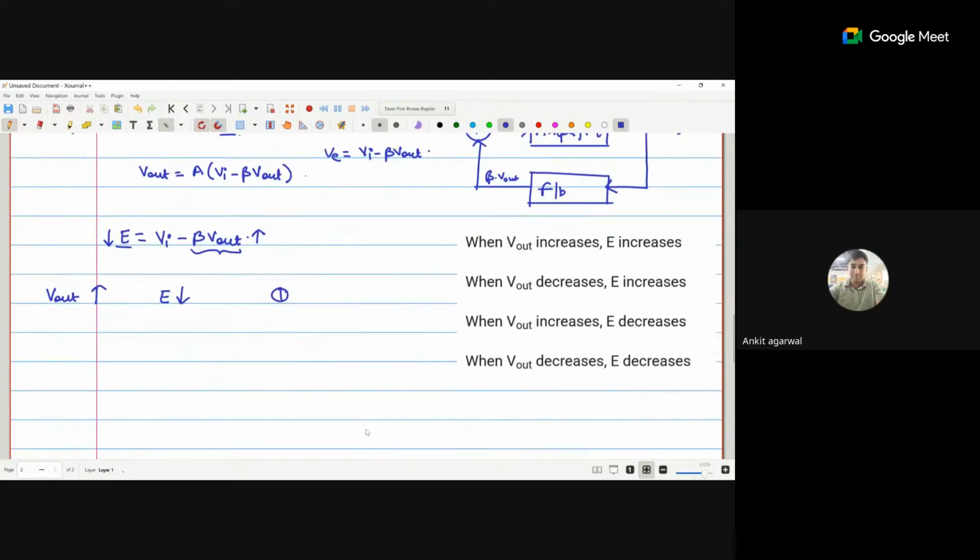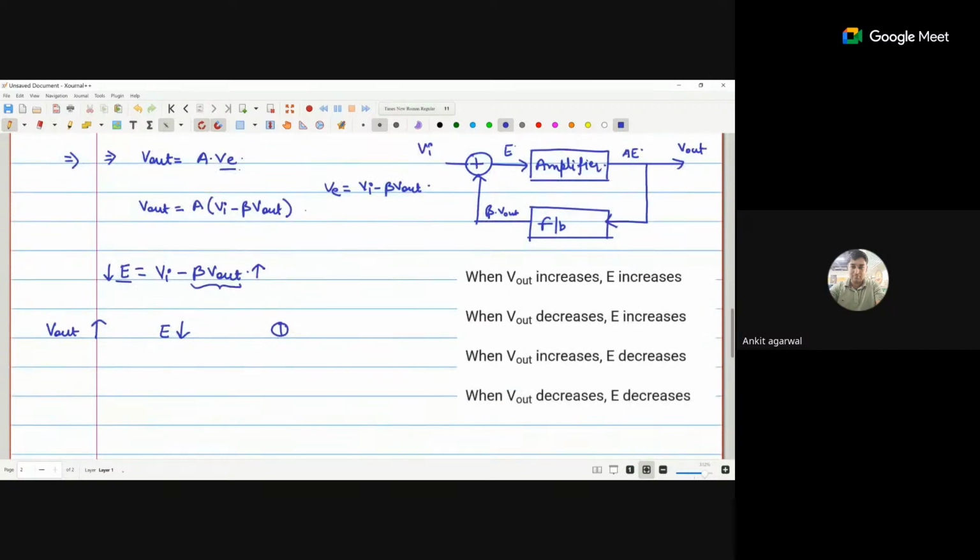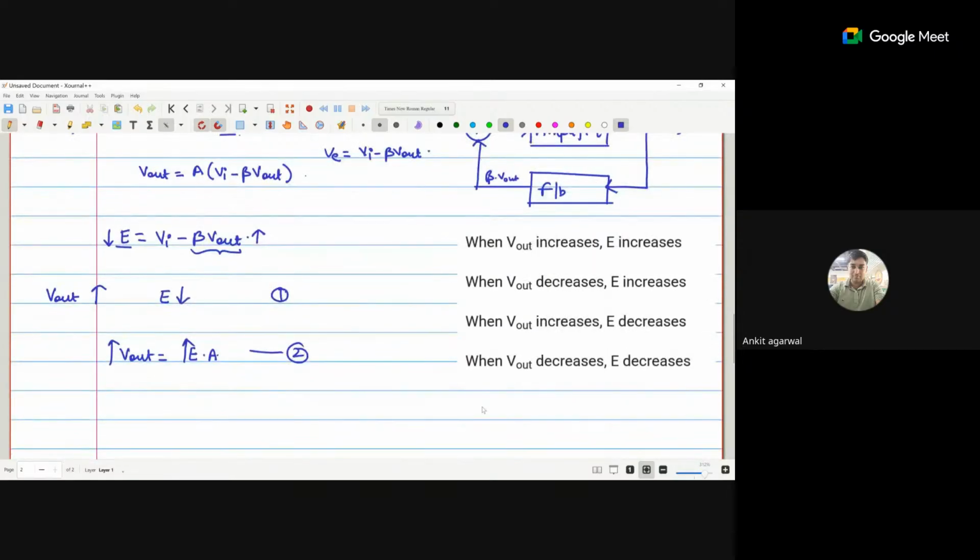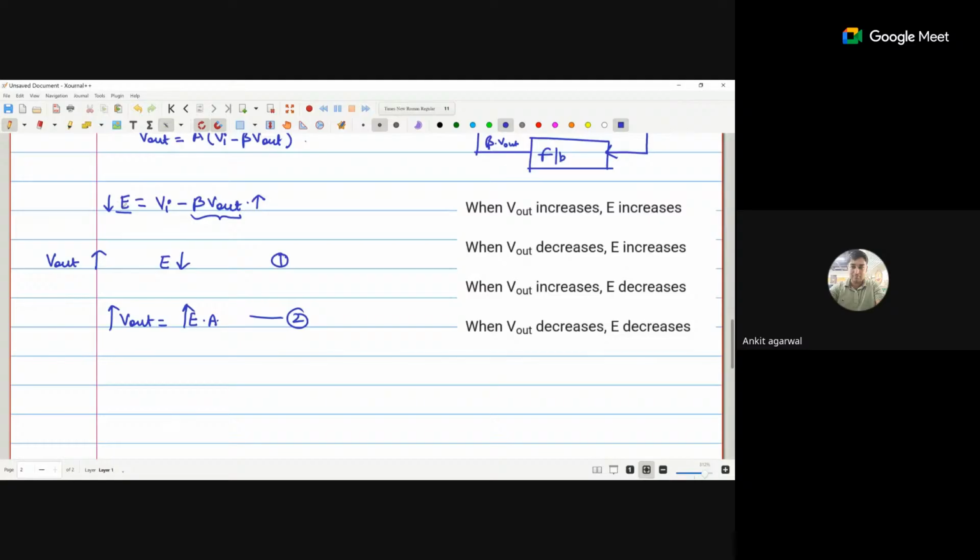Second, if you see the other equation, the other equation is what? V out is equal to E times A. This is the second equation. According to this equation, if E increases, V out increases, or if V out increases, E increases. Okay, so there are two particular conditions in this. If we go with equation number 1, we can say if V out increases, E decreases.